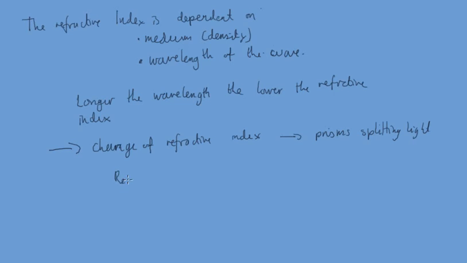So red has the longest wavelength of visible light, so the refractive index is less for red light than violet.